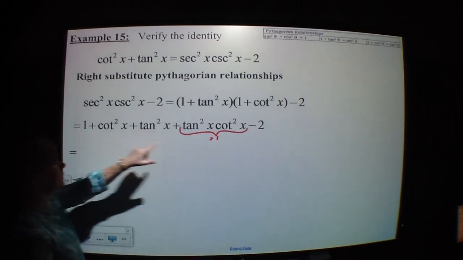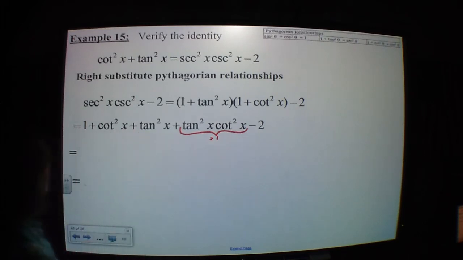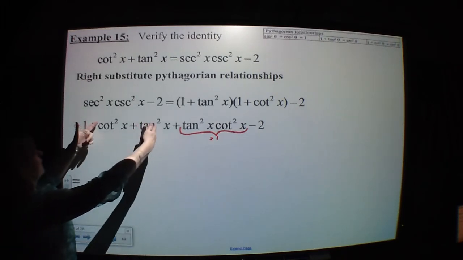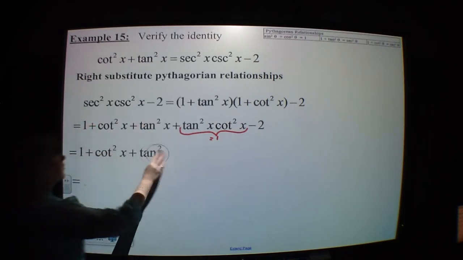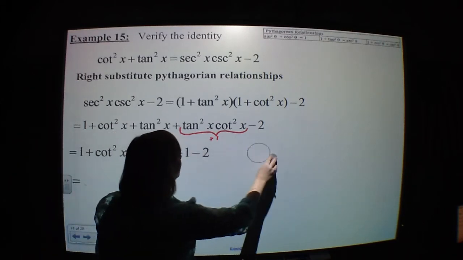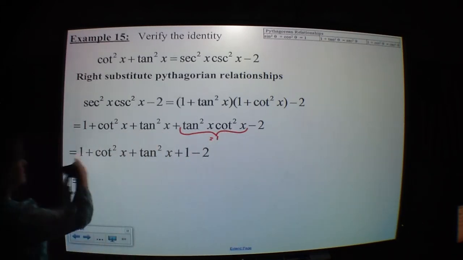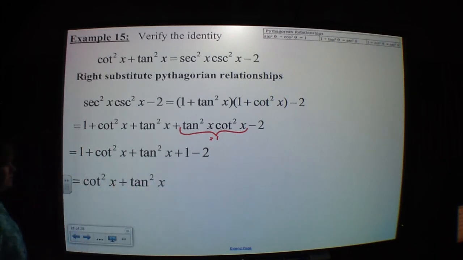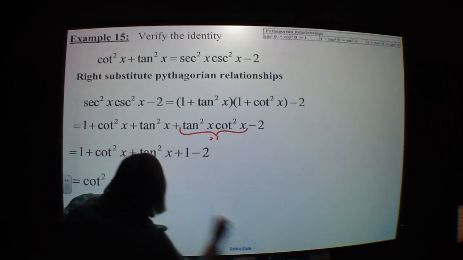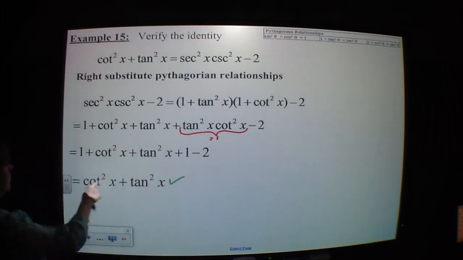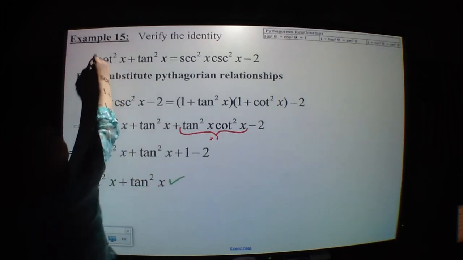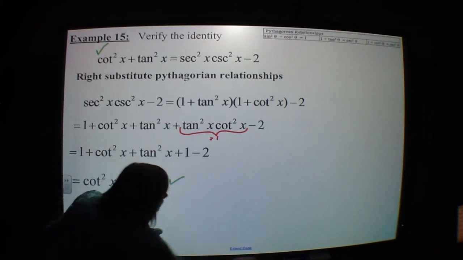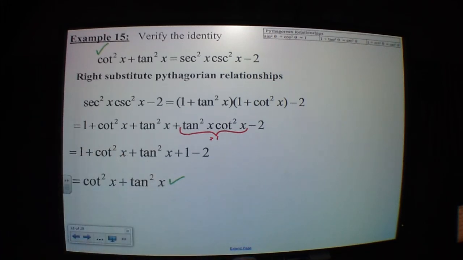So I have 1 plus 1 minus 2, which cancels out, and I have my ending. So if you want to see more of it, you don't need to write it. If you wrote that right there, you can see the 1 plus 1 minus 2 cancels out. Cotangent squared plus tangent squared, cotangent squared plus tangent squared. Done.